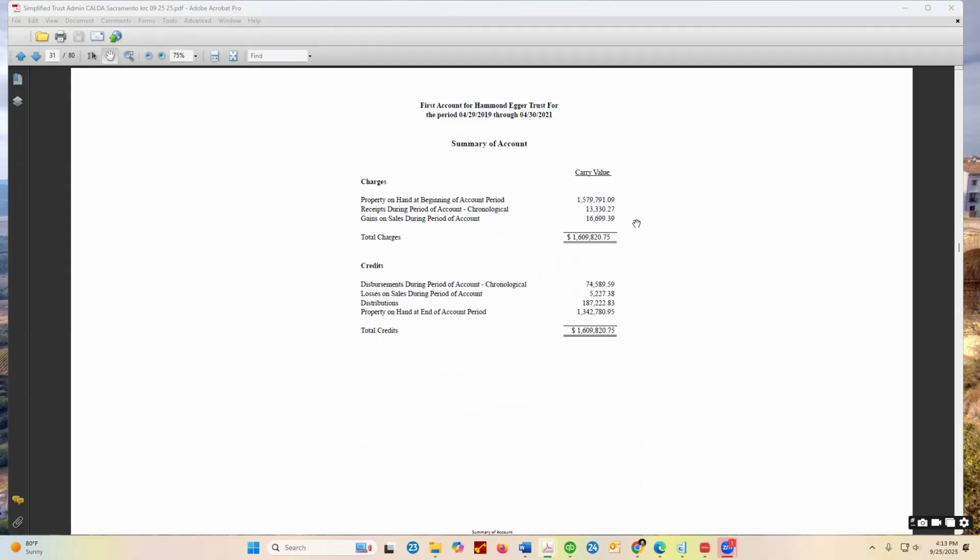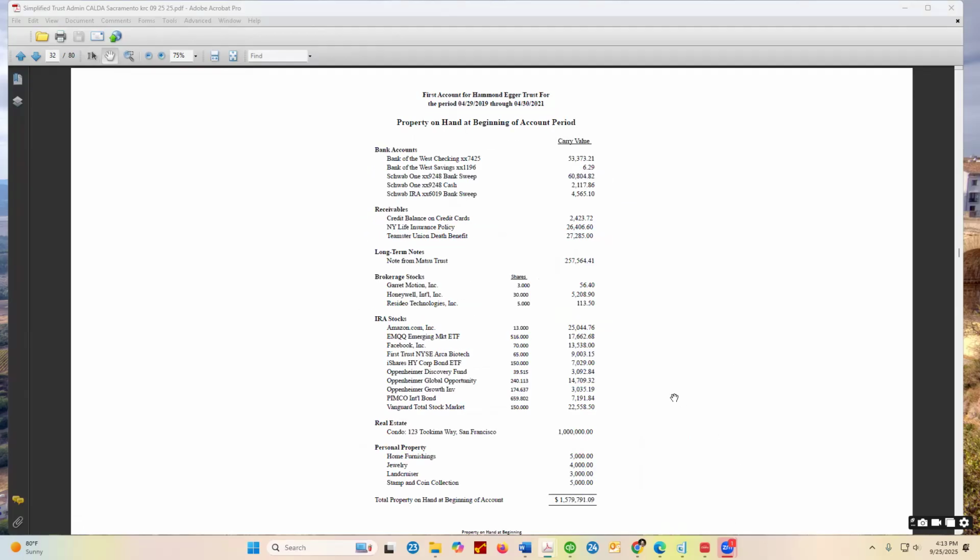This is an example of the same form, but only on a spreadsheet. In our example here, we show expenses. In this case, we start out with income called receipts, and we show them all in chronological order. Wait a minute. This is the cash on hand at the beginning of the period.